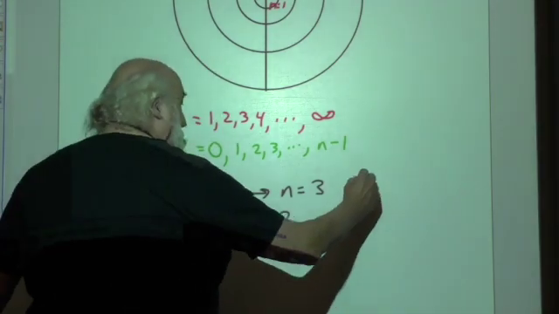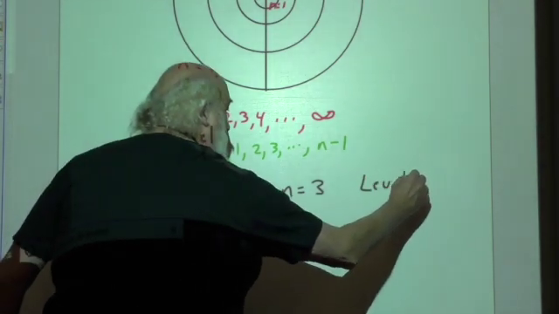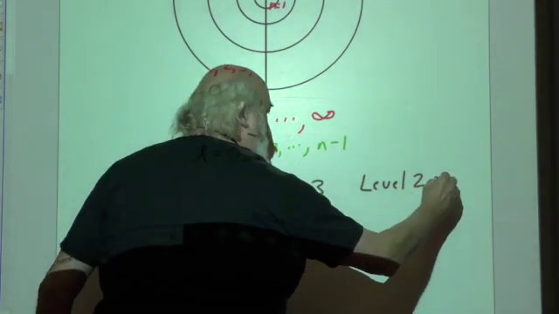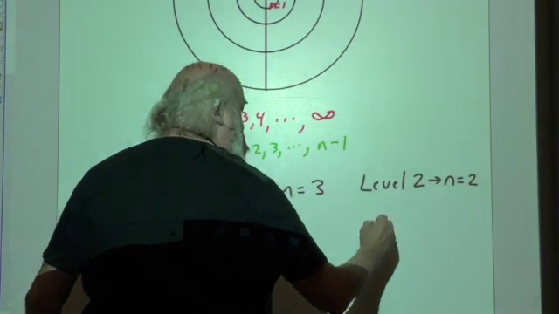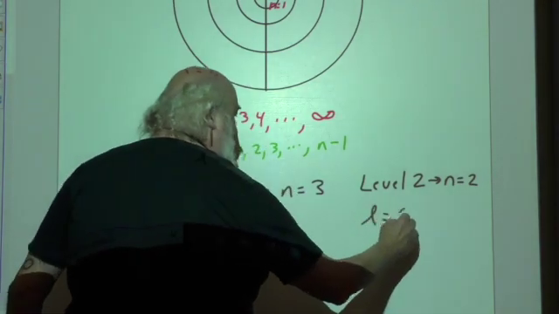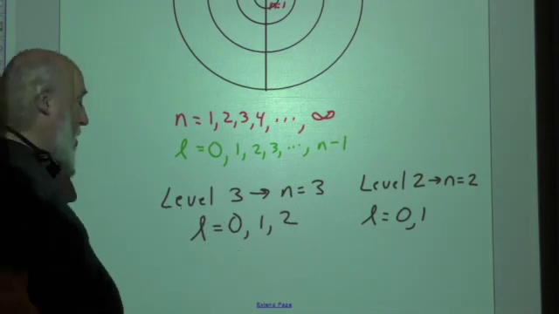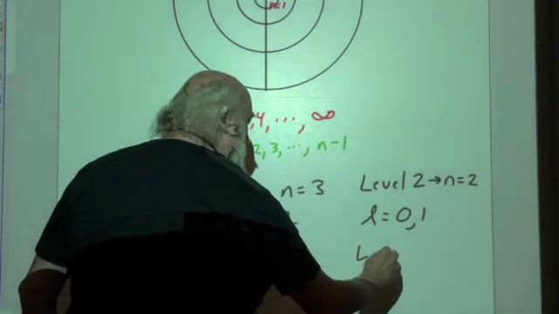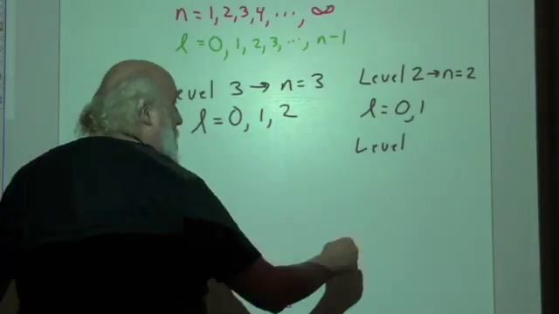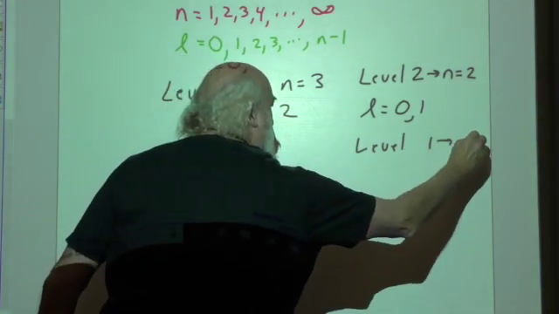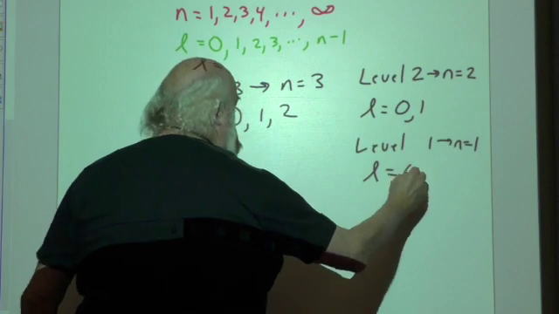In level 2, that means then, of course, that n equals 2, and that means the value of L equals 0 and 1 only. And then, of course, level 1 means that n equals 1, and then L can only equal 0.